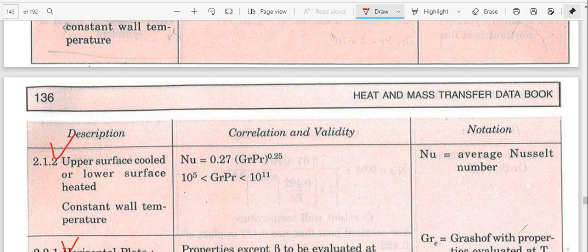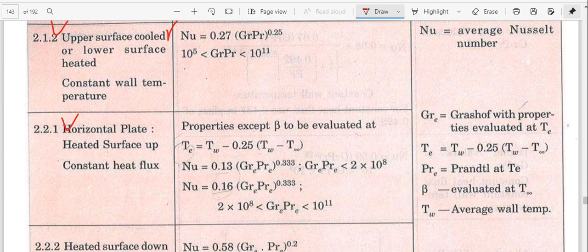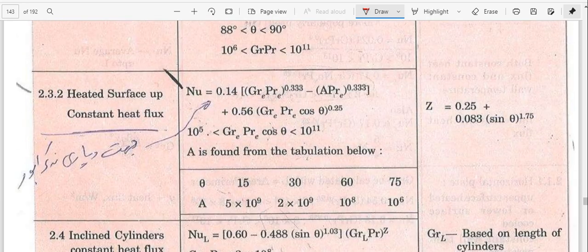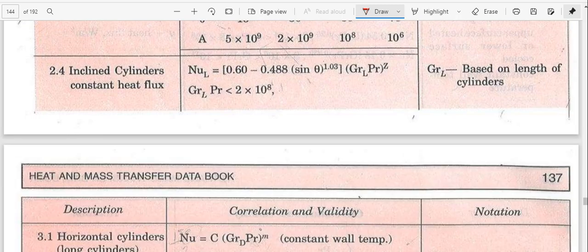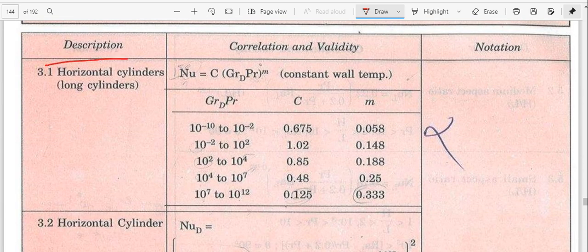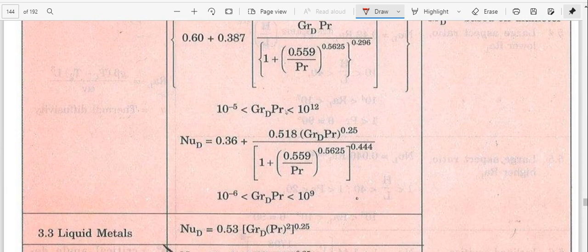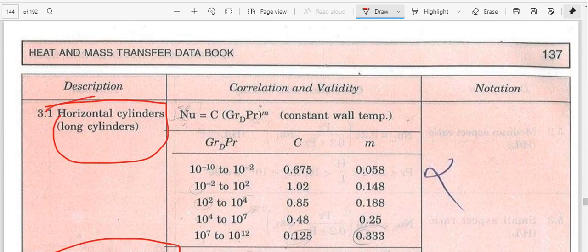Then horizontal plates with the upper surface cooled, heated surface down, inclined plates, and constant heat flux. For the horizontal cylinder, long cylinder, with Gr Pr between 10 power 5 and 10 power 12, we need to consider this formula.